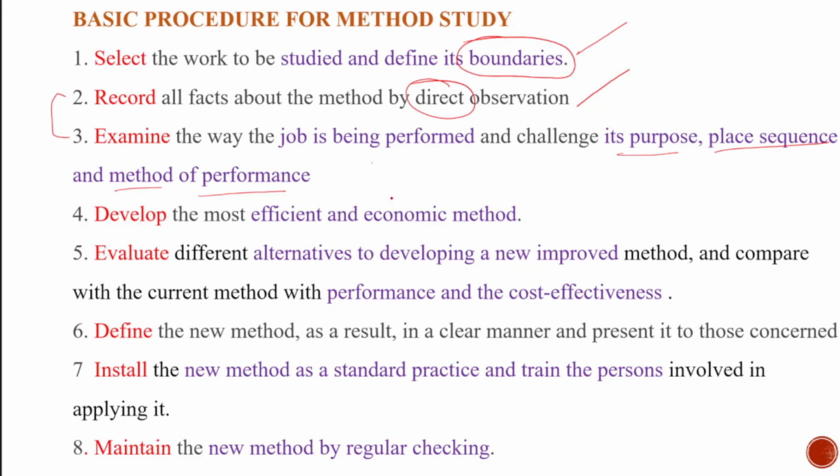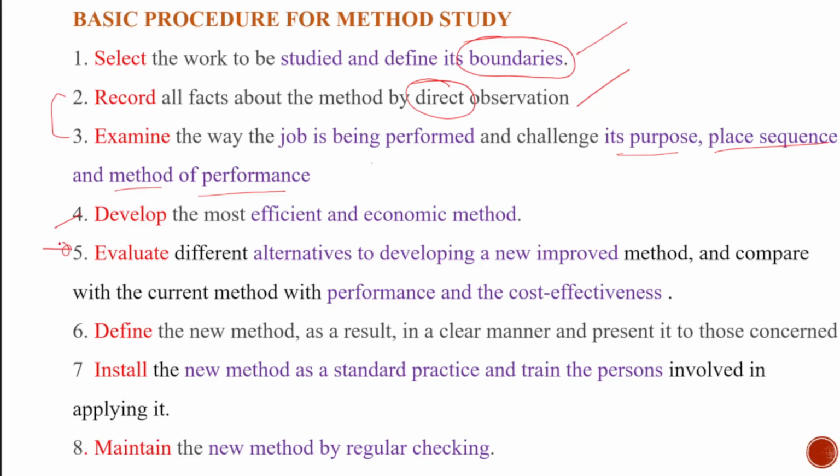Then, next is developing the most efficient and economic method. Then, evaluate different alternatives to develop a new improved method and compare with the current method with the performance and the cost effectiveness.